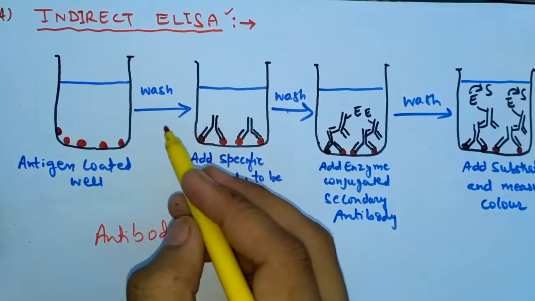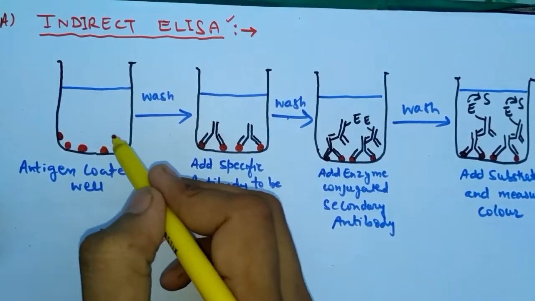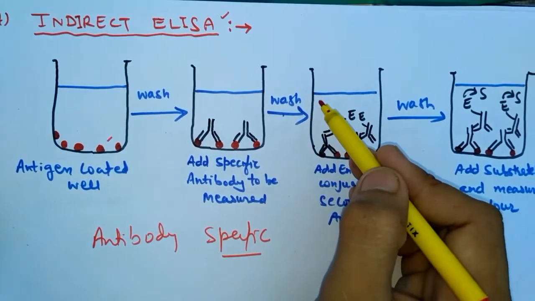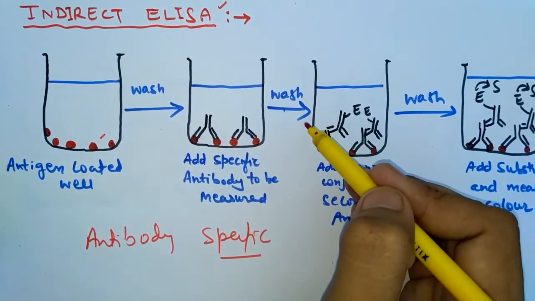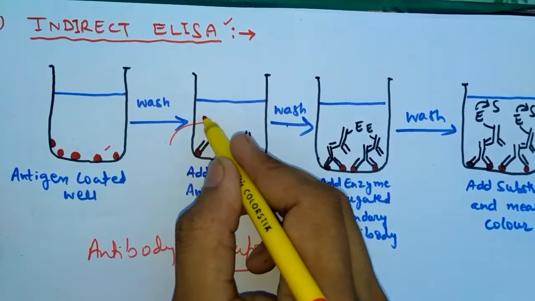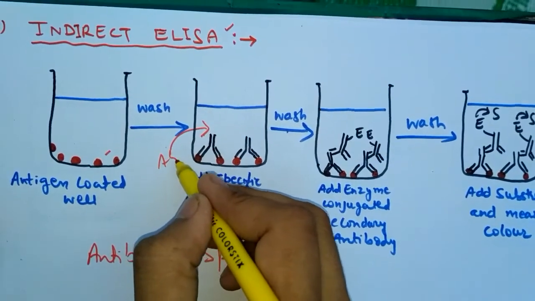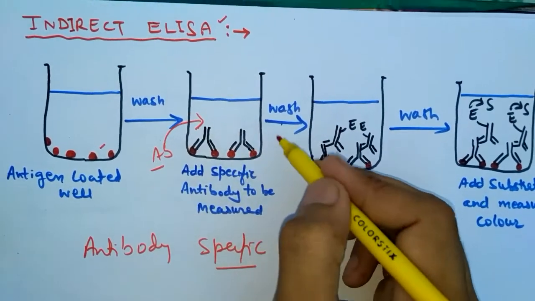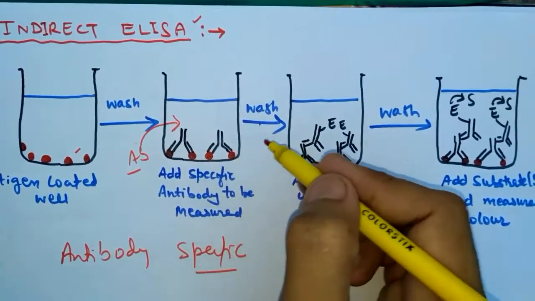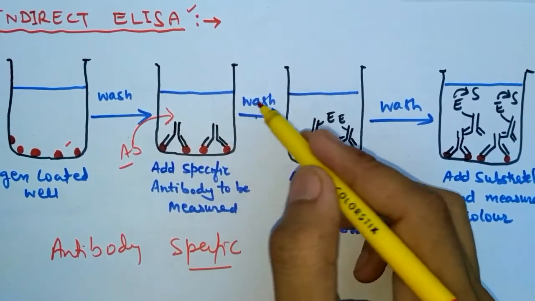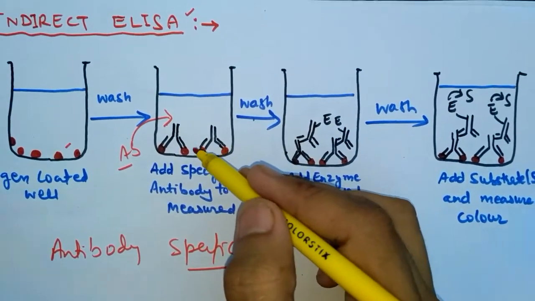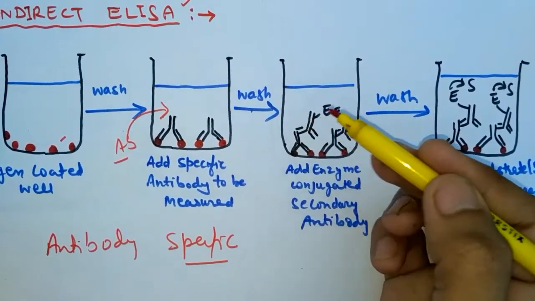Here what we do, we use antigen coated well, then we wash it with distilled water, then we add specific antibody to this antigen, and on addition of antibody the cross reaction will occur and an antigen and antibody complex will form. Next we wash the unbound antibody with distilled water and the immobilized complex is produced.